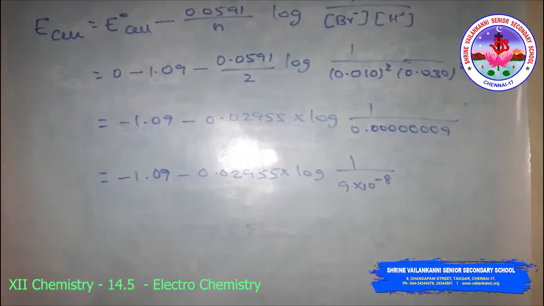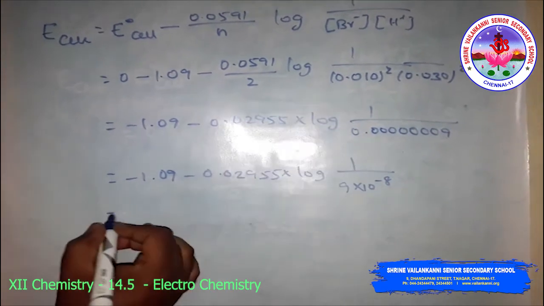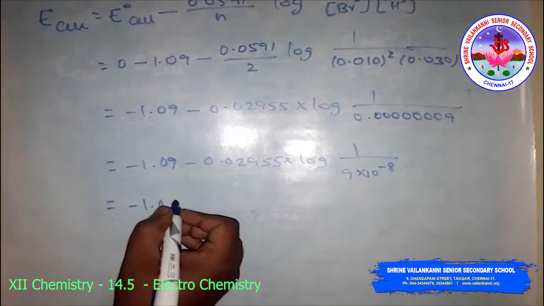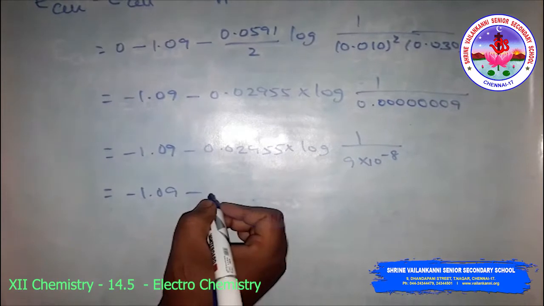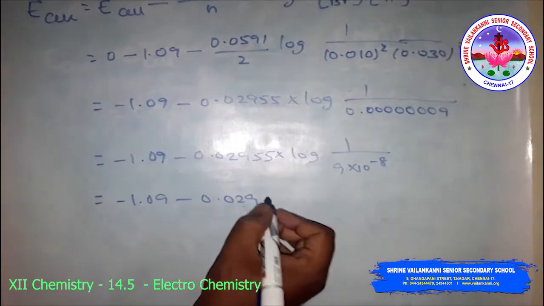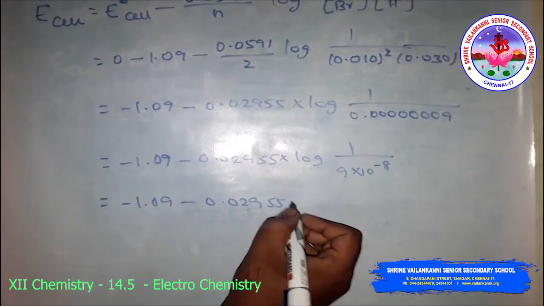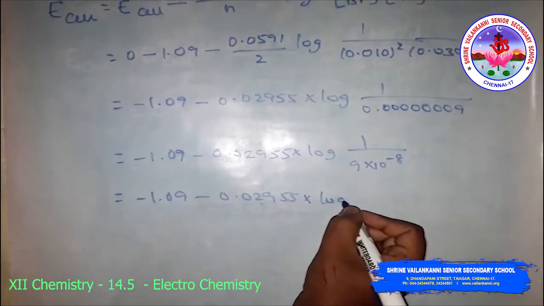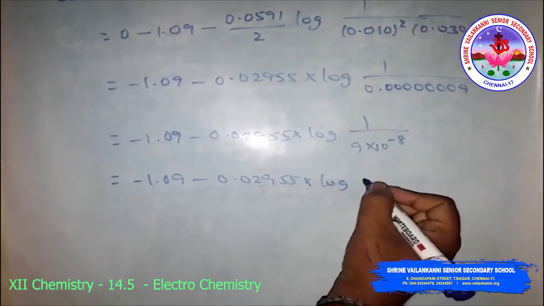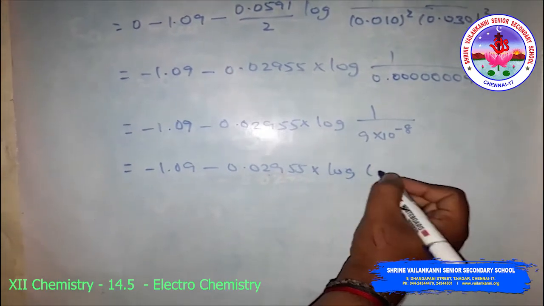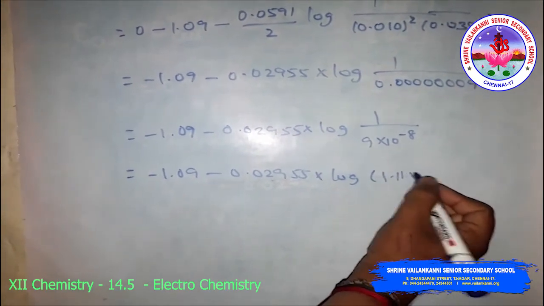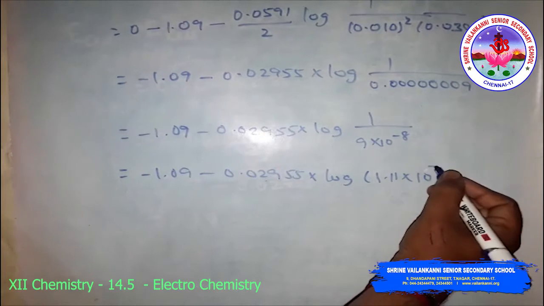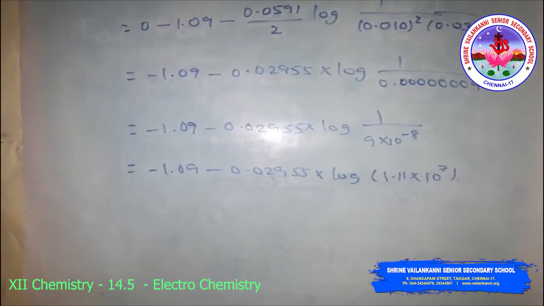Okay, we can write it like this. Then minus 1.09 minus 0.02955 into, you have to write that log. Well, log of this will be 1.11 into 10 power 7.